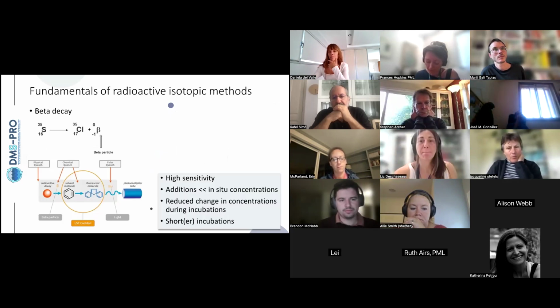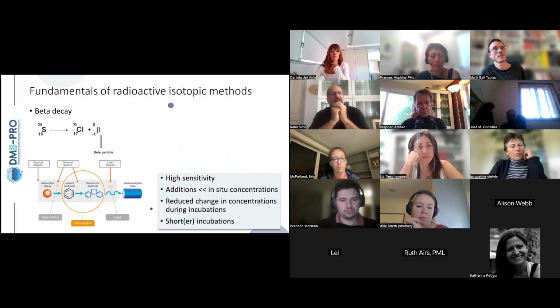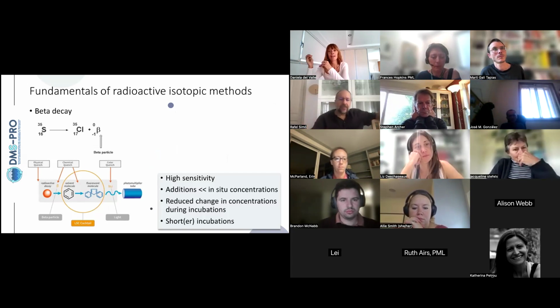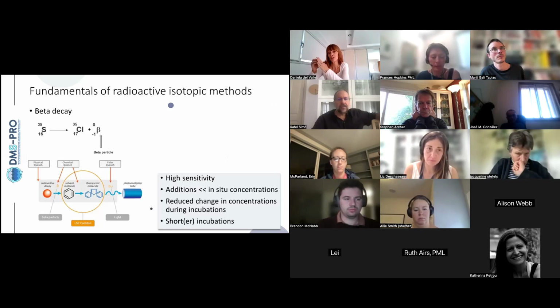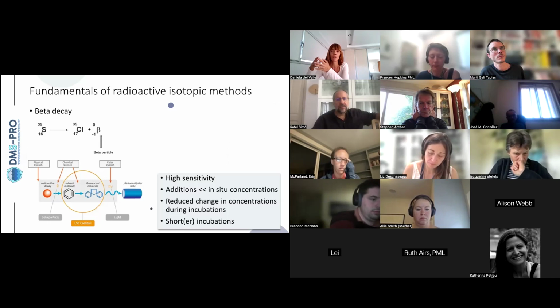So almost all published studies have used sulfur-35 as the radioactive label, which decays into chlorine and a beta particle. That beta particle can be easily measured through the interaction with what we call a scintillation cocktail.